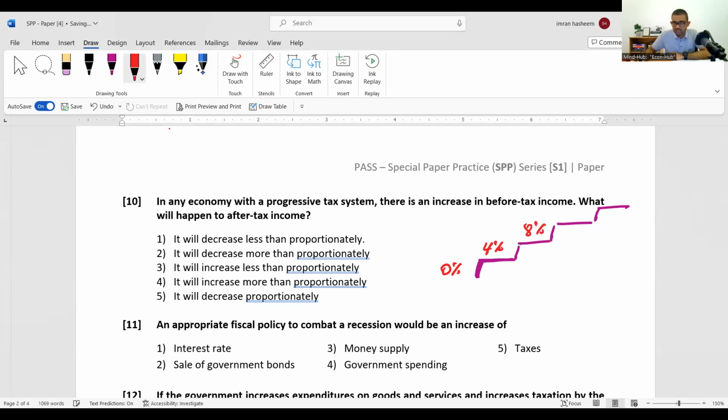Here, 8%. Here, 12%. Then here, 16%. Get it? Likewise. So as our income increases, tax increases. So if before tax income increases, that means you will be charged a higher percentage, because when income increases, percentage increases, meaning a bigger amount from your income is taken as taxes.